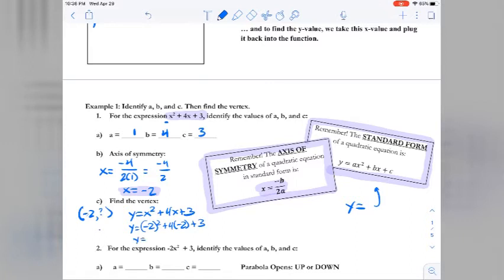So y is equal to negative 2 squared is 4, plus 4 times negative 2 is negative 8, plus 3. So y is equal to negative 1. So our vertex for this equation is at negative 2, negative 1. Think about that for a second.